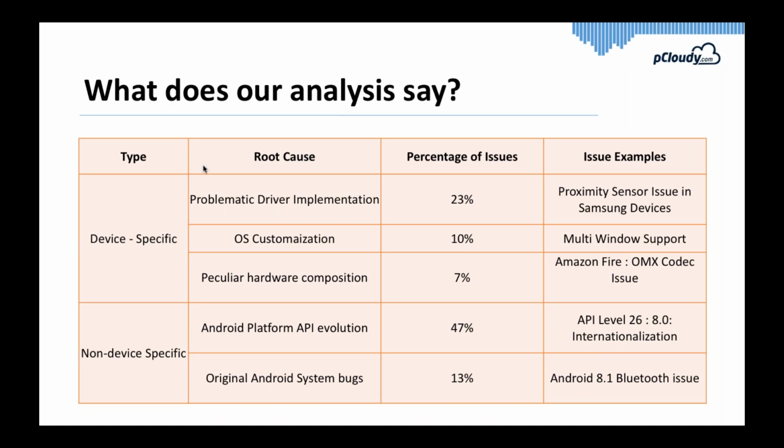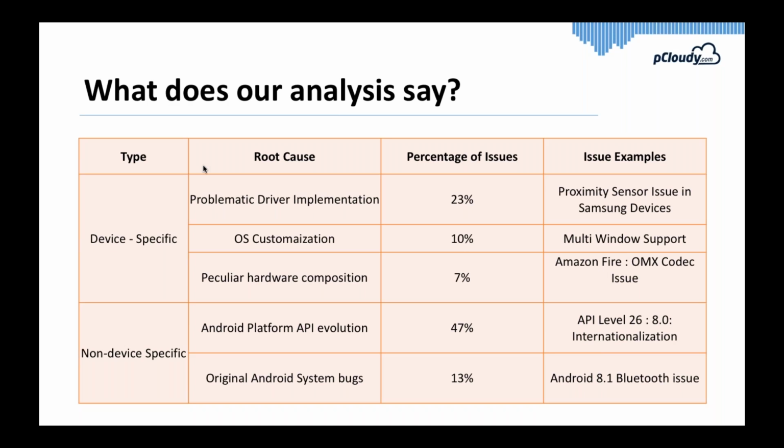Each time a new version of Android is released and the API level is changed, it creates backward compatibility issues or issues with respect to the new version. A large percentage falls under this category.